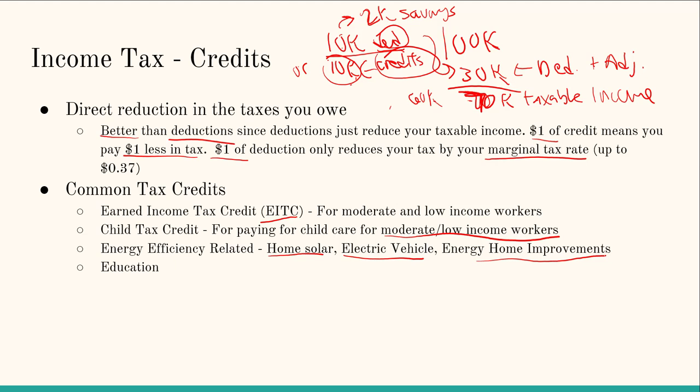There's a limit to this, but there is an amount that you can get for educational expenses that you incur that will just be a tax credit. And so the deduction and credit game is very deep, and there are much more complicated strategies and ways to get tax credits and deductions that are possible. But I'm just not going to be covering everything here.